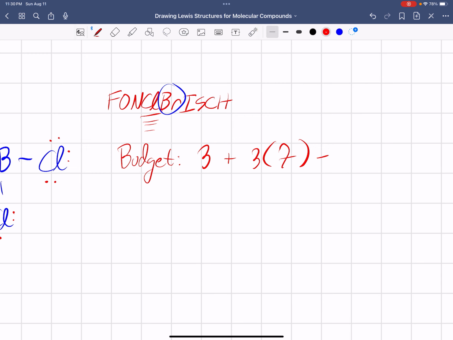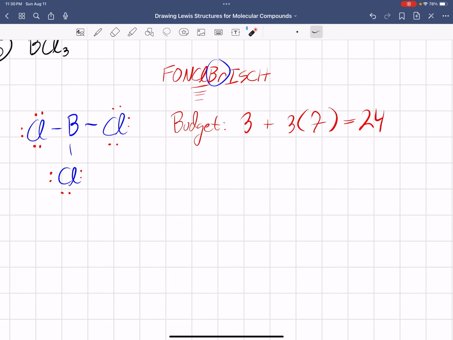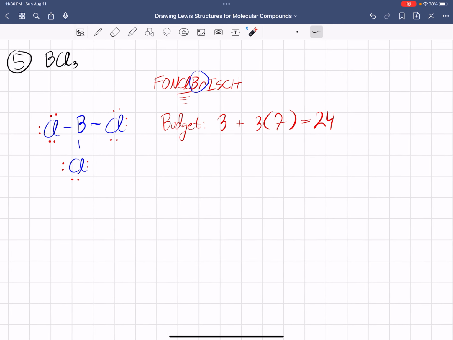So this comes out to 24. Let's check and see how we did. 2, 4, 6, 8, 10, 12, 14, 16, 18, 20, 22, 24. Perfect, just like our budget said it should be. We got 24. So that is the correct Lewis structure. And so that's it.